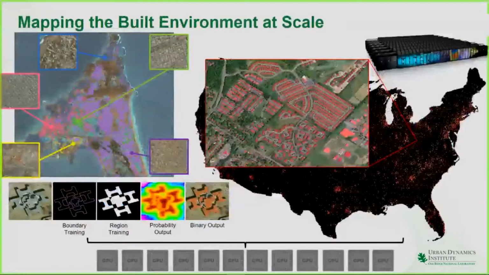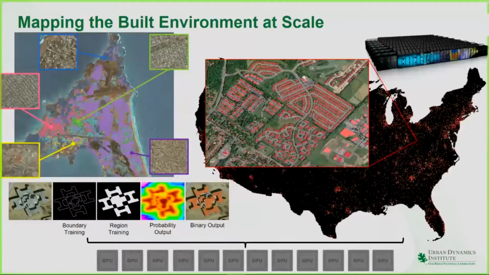What we've been doing is now scaling this to the world, both mapping settlements as well as mapping building areas to basically give us that foundational data layer to map population for the world. Obviously this is a big step between just the mapping of the settlements or the buildings to population. But this is a great first step, and it gets us past the point of relying on other foundational data to do that job.